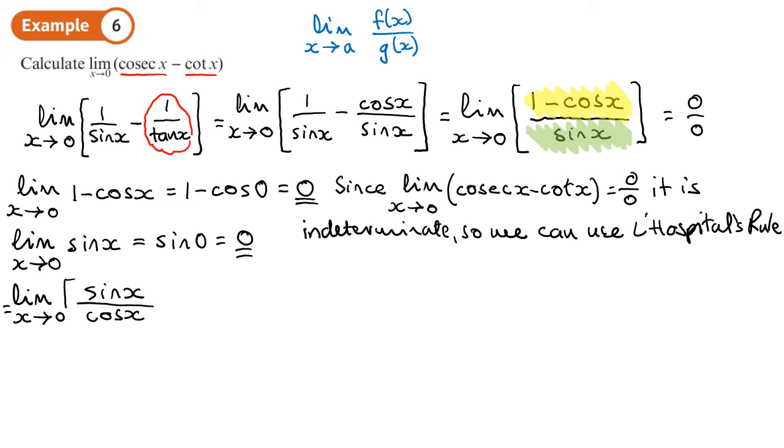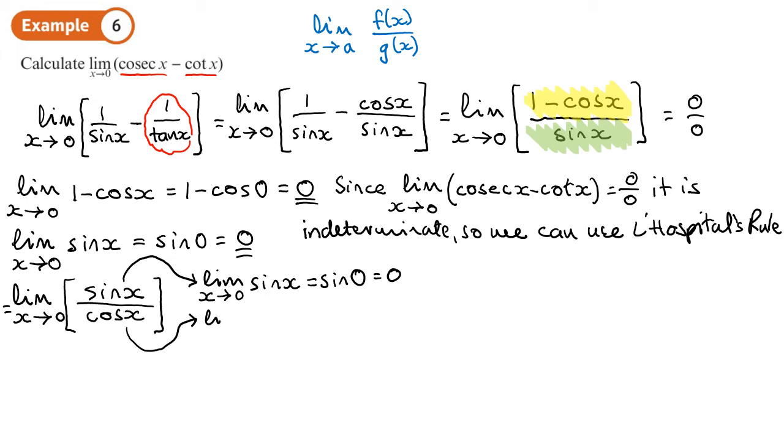Now let's consider the numerator and the denominator and see if they're indeterminate or not. The limit as x tends to 0 of sine x is sine 0, which is 0. So we get 0 at the top. Now, if the bottom also gives us 0, it's indeterminate, and then we'd have to apply L'Hopital's rule again. Let's see what happens.